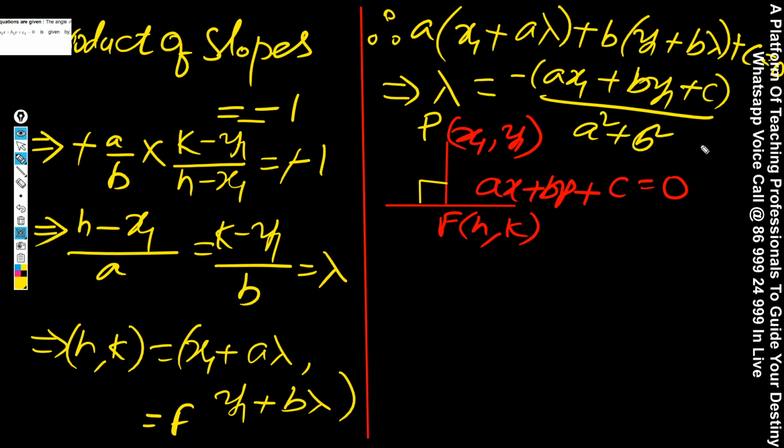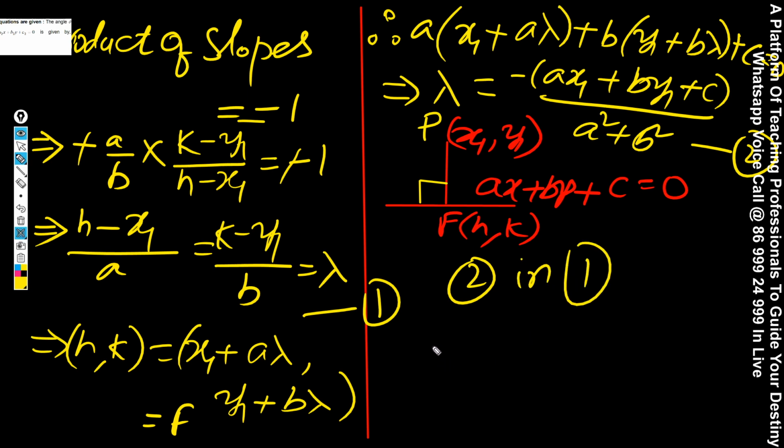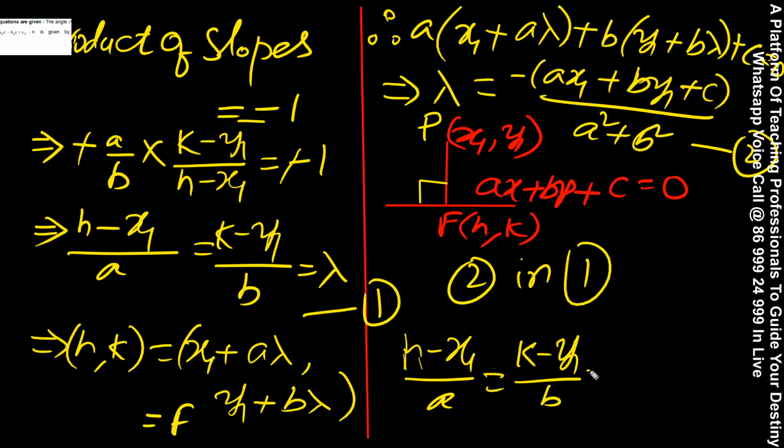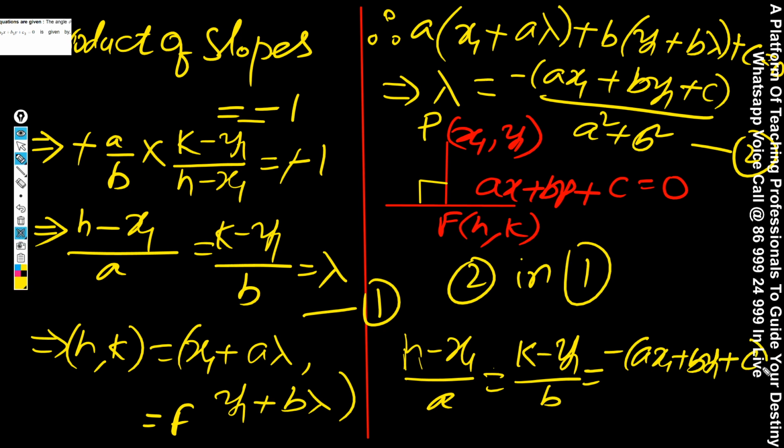This is equation 2, and this is equation 1. Substituting the second equation in the first, the final formula is: h minus x1 by a is equal to k minus y1 by b is equal to minus of ax1 plus by1 plus c by a square plus b square. This is the final formula.